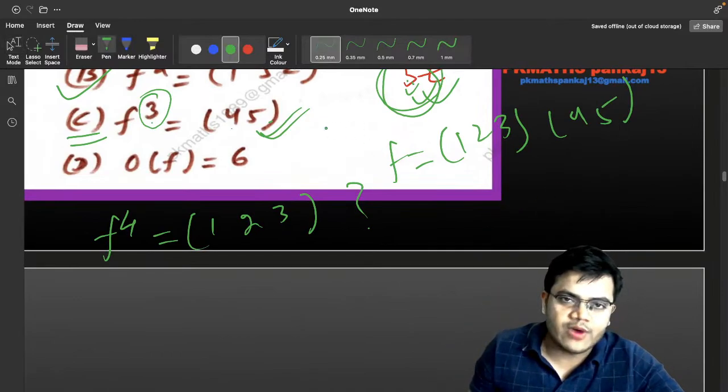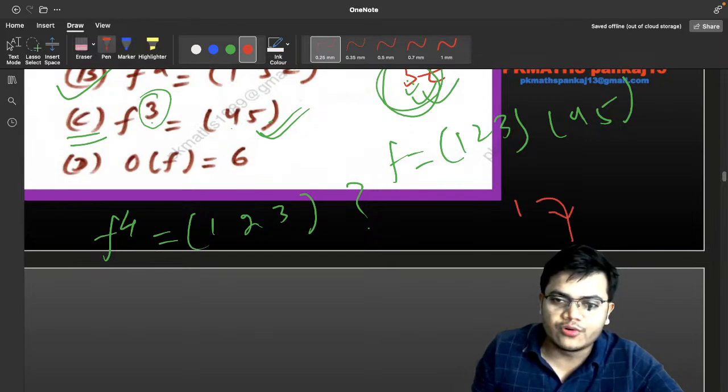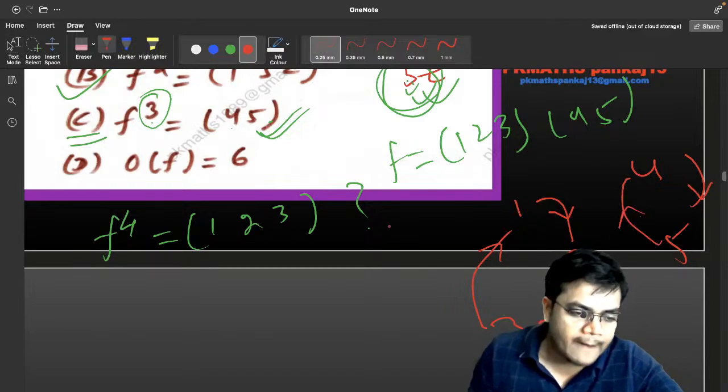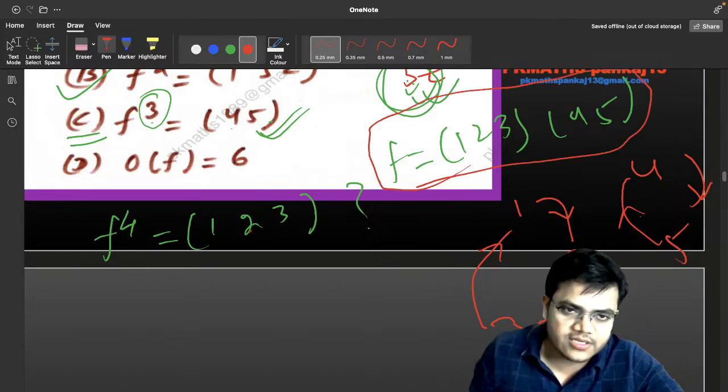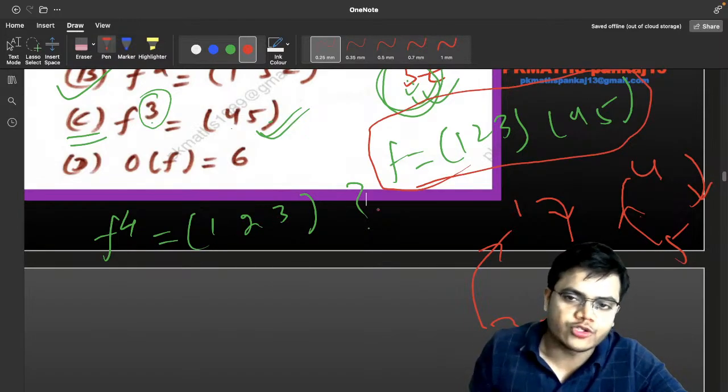Because what is going to happen? This time we have two things. 1 is going to 2, 2 is going to 3, and 3 is going to 1. 4 is going to 5, and 5 is going to 4. This kind of thing is going to happen according to this given f. This time you have to find f4, so you have to skip 3 elements always.